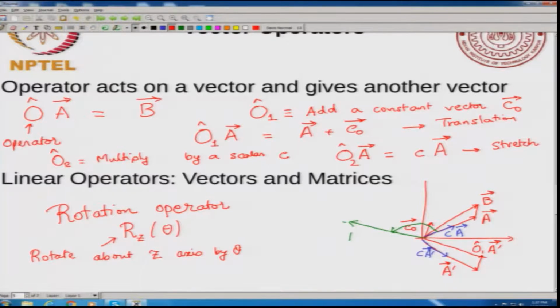So, this is an example of a rotation operator. If this is my x and y plane, it will take this vector A and give you this green vector, rotated by this angle theta.